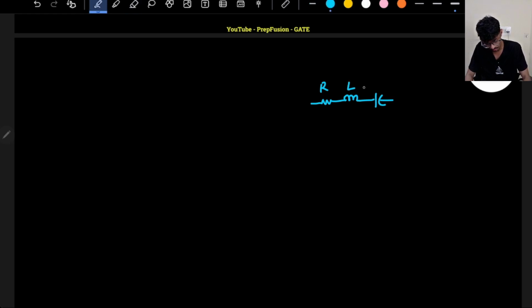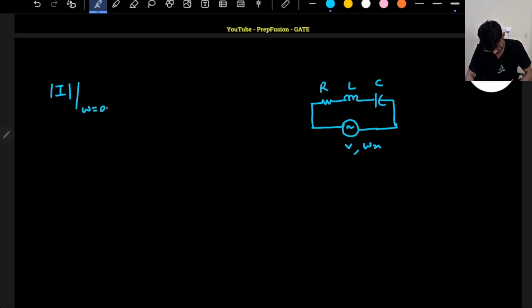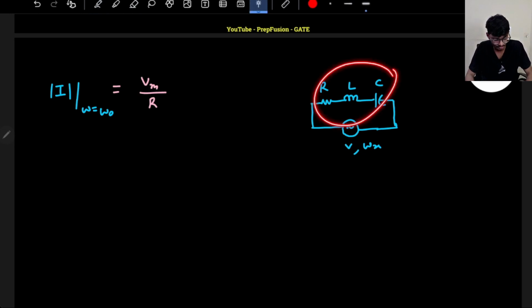R, L, C. This is my voltage, and this is my frequency omega x. So when the current is peak, at resonance, the magnitude of I is simply equal to Vm, the peak voltage, divided by R, because it behaves as a purely resistive circuit.